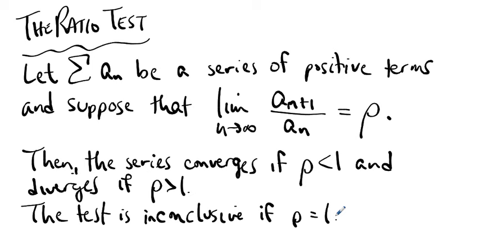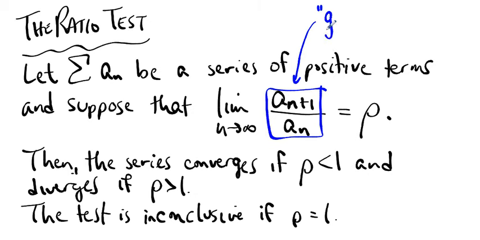I gotta let that sit there for a minute, and you gotta think about that. Where have we seen this kind of language before in our study of infinite series? Well, this is the ratio of any term to the one before it. What is the other kind of series that we studied where we look at the ratio of any term to the one before it?